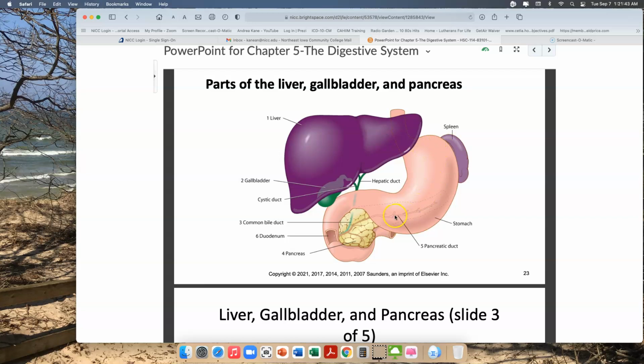Then you have the stomach, and right on the upper edge of the stomach in that fundal area is the spleen. And then down below, kind of nestled in or tucked in to where the small intestine is curling around, you have the pancreas. That's the yellow here.